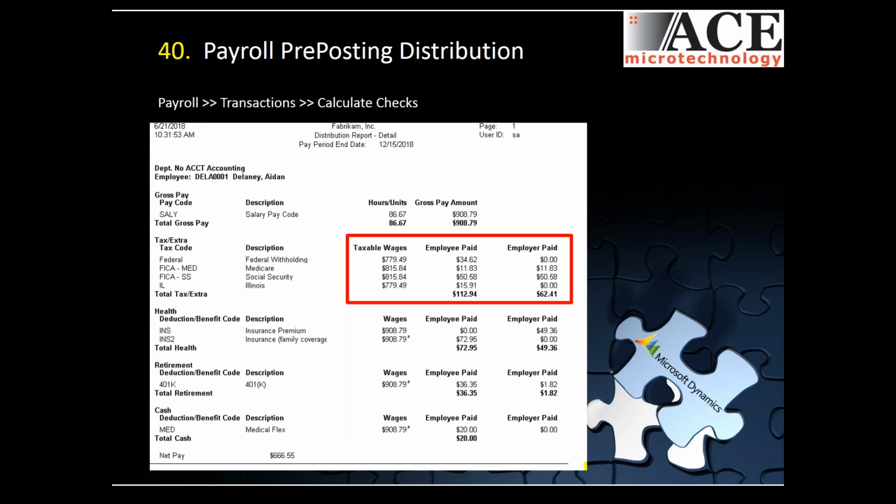This runs automatically for you after you run calculate checks, and this is a sample of the report that comes out. You can see the taxable wages for each individual person, and it's calculating a certain amount of what the employee will pay, or even the employer pays on anything that's matching.